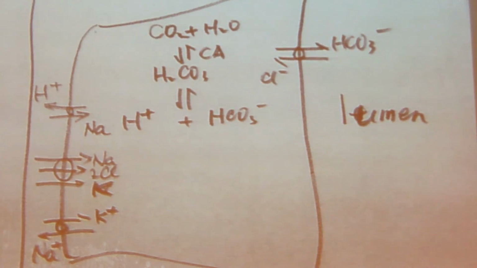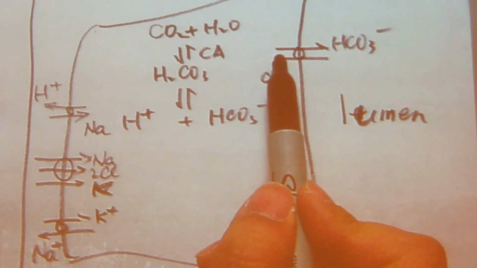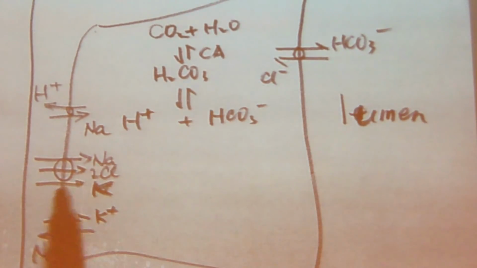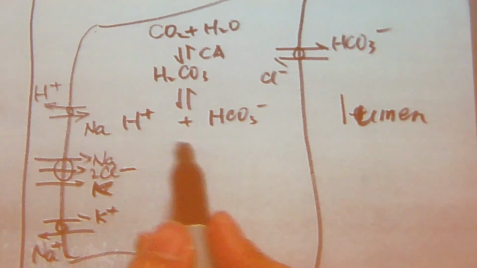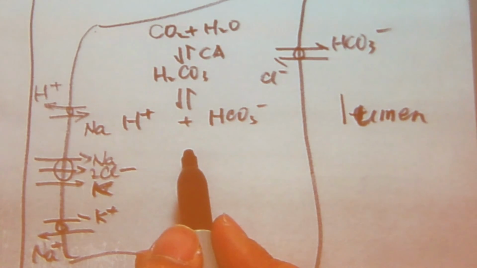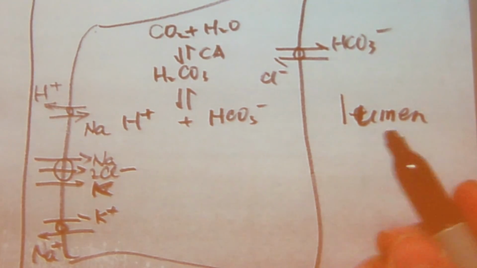Of course, you can see that chloride moves in from the apical side of the membrane to exchange the bicarb. We have chloride moving in on the basolateral side to come in with the sodium and potassium. So there must be channels for the chloride to move out.